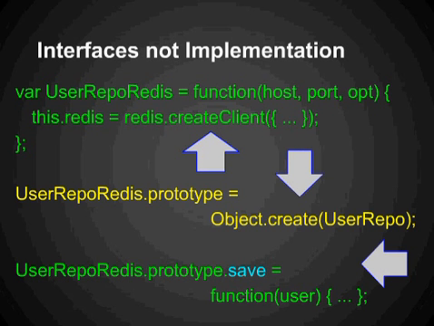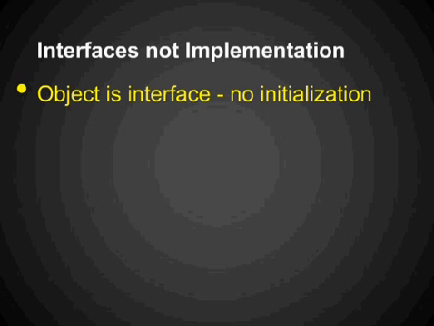And then I implement all of the interface methods on the function's prototype. So I'll have a save, a get, a query, a delete, or whatever. And in these methods, I'm going to do the implementation-specific work of actually saving the user object off to Redis and getting the user back from Redis.